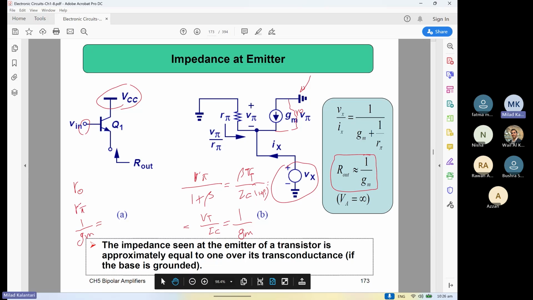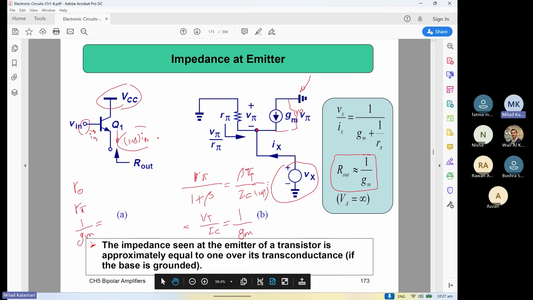So you need to write the KVL and KCL over here. One KCL over here is not that difficult, right? But intuitively, you can tell that the current of the device is IB, and the current at the emitter is 1 plus beta times that, right? So once the current is higher, the impedance is lower, just intuitively.